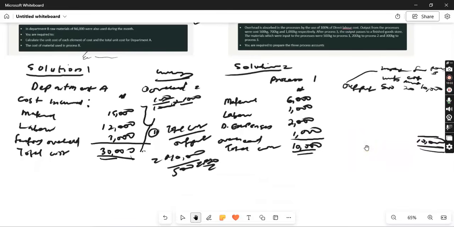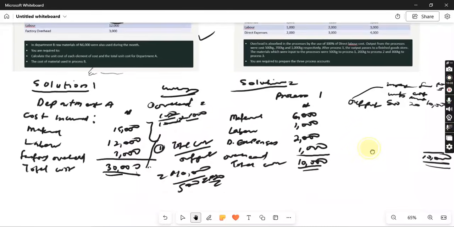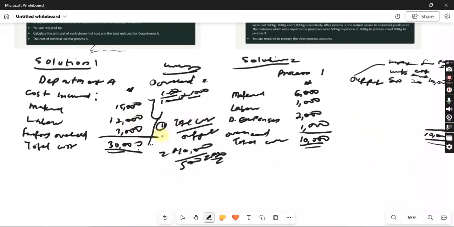So we've been told that for the next process, process 2, we have our input from process 1.